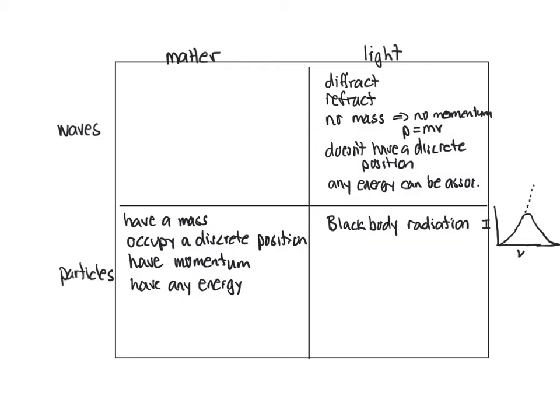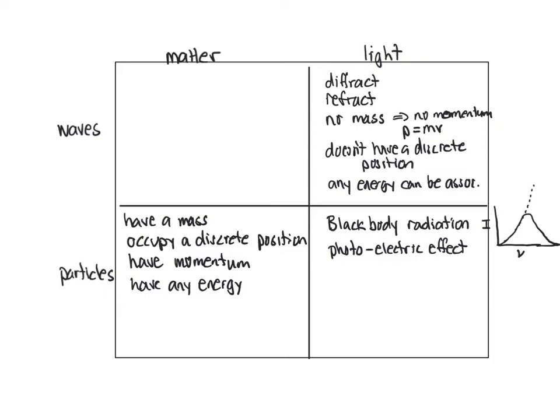So blackbody radiation was one experiment. The photoelectric effect, which you may be familiar with from freshman chemistry, is another instance where we can't explain the results of the experiment using classical mechanics.